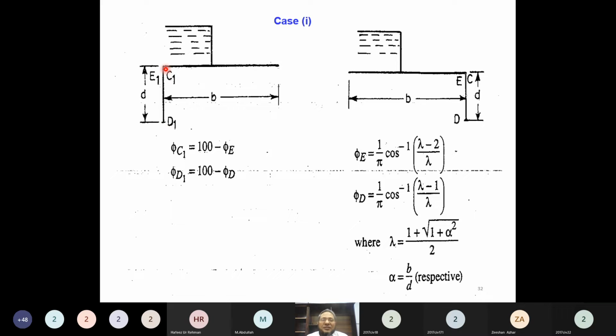C1 is this point. Now where my cursor is I have placed. So now phi C1, how much pressure is here? 100 minus phi E, where phi E is here, okay? So that is the uplift pressure here. So 100 minus phi E means what would be the units of the answer?